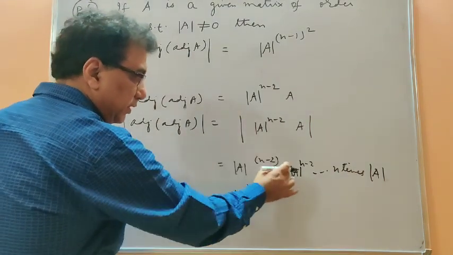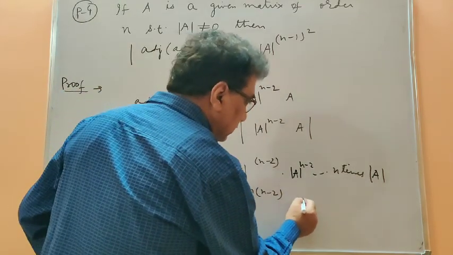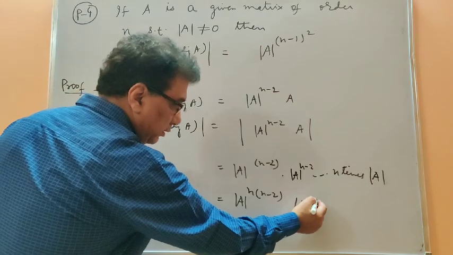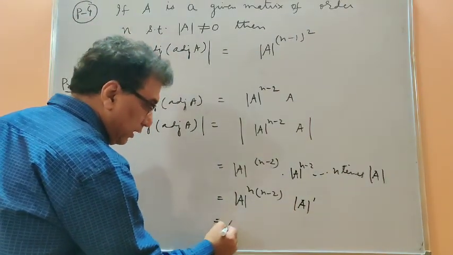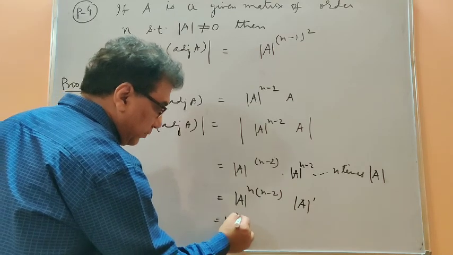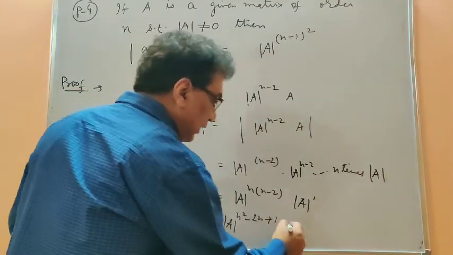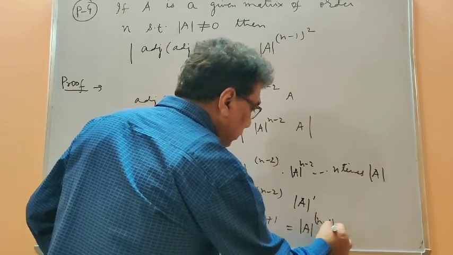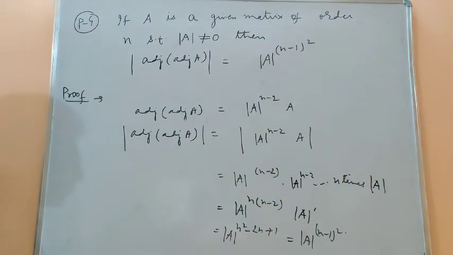Similarly, this expression has been multiplied n times, so this power has come here, and this is the determinant A. Now one power of determinant A is also there, so when they are added together, this becomes n square minus 2n plus 1 by the law of exponents, and then this is n minus 1 whole square. So again you have to remember this formula also, very useful.